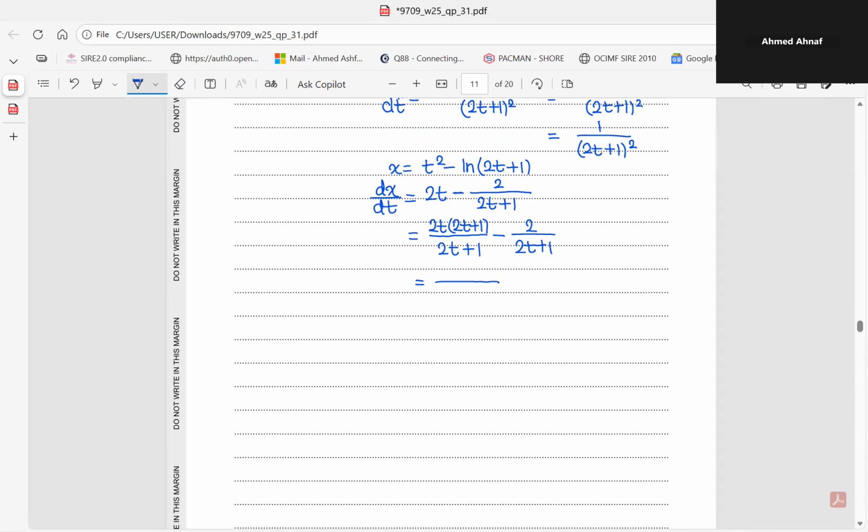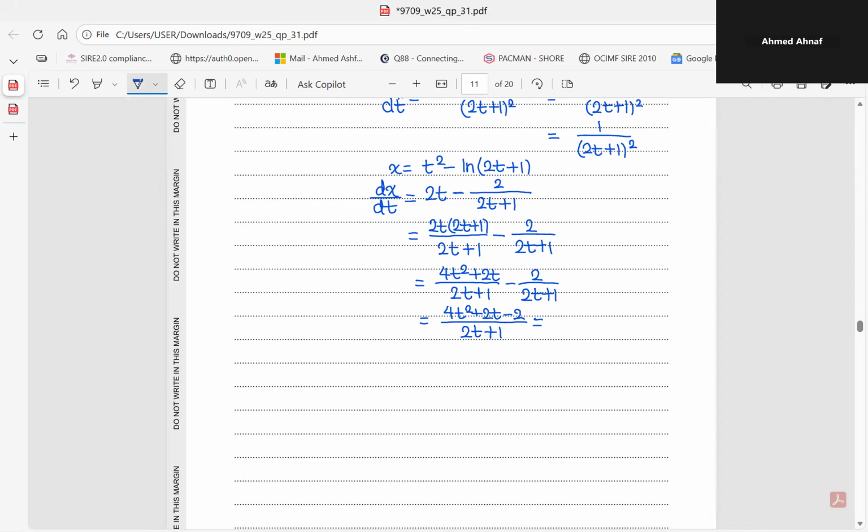Yeah, you would get 2t times 2t, you get 4t squared, 2t times 1 you get plus 2t, over 2t plus 1, minus 2 over 2t plus 1, equals (4t squared plus 2t minus 2) over (2t plus 1).